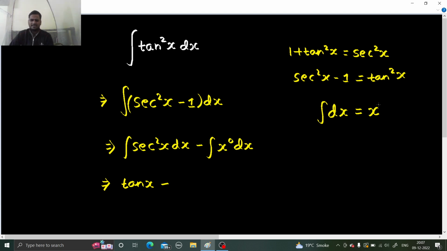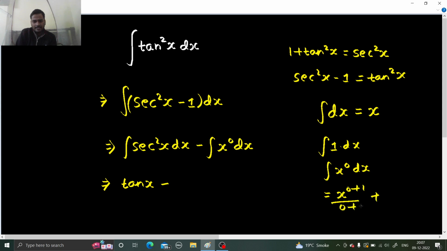A beginner will solve this like 1 into dx, then he will replace this 1 by x power 0, then he will use the formula of x power n, and then he will finally say the answer is x, but you can directly say x. So write this as x and a constant c as always. So that's how simple, just a 3-step problem is there.